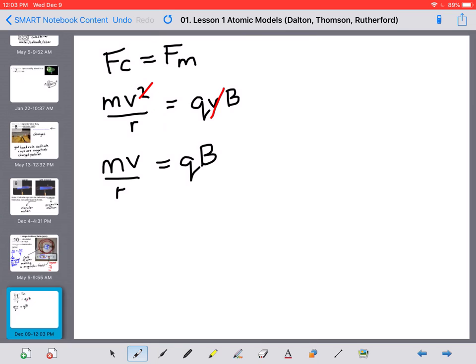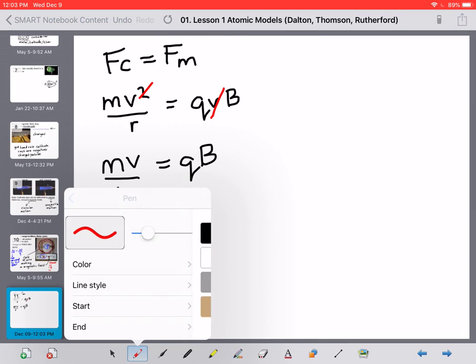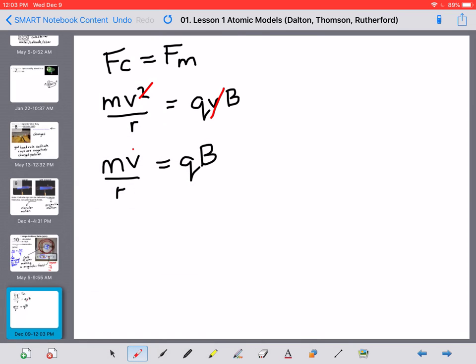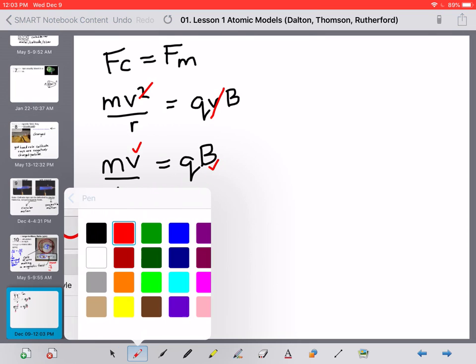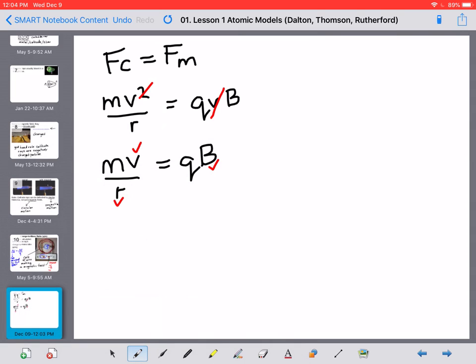Now, if you look at the equation that I've got here, okay, remember I said Thomson knew the value of v, he knew the value of r, and he knew the value of B. The only thing that was missing was m and q. So what he decided to do is to actually calculate q over m. So what we'll do is we'll divide both sides by m. So we're going to have v over r equals qB over m.